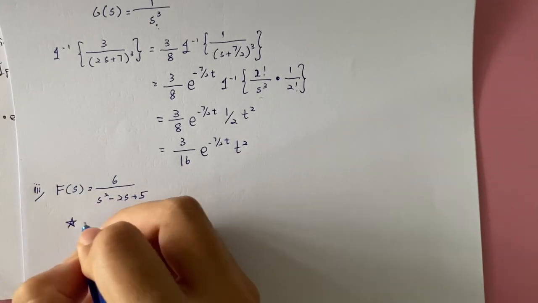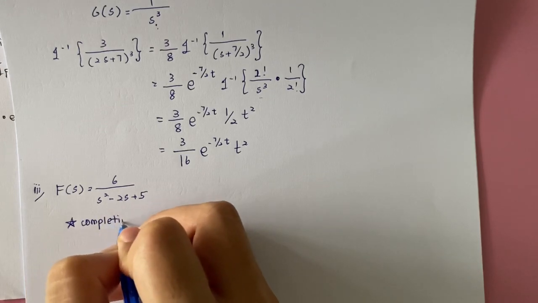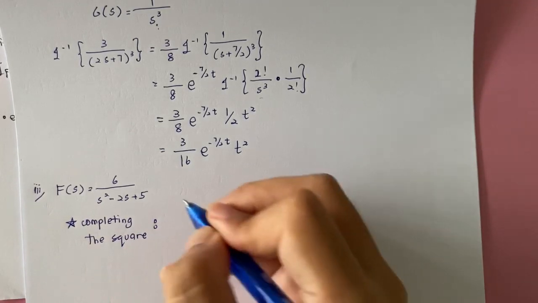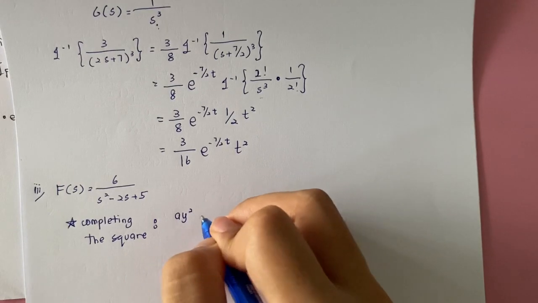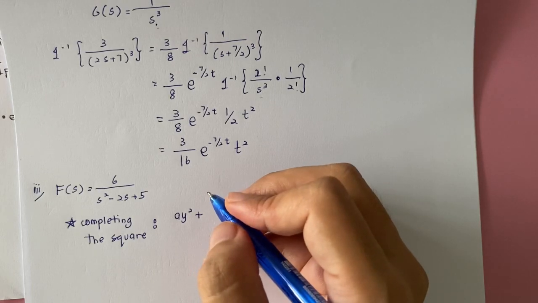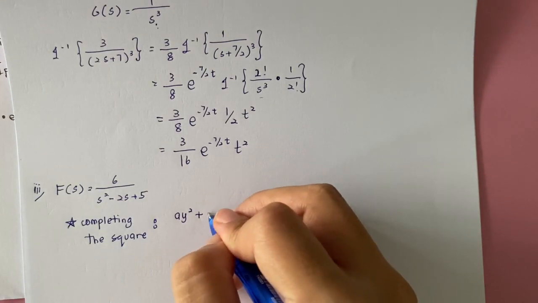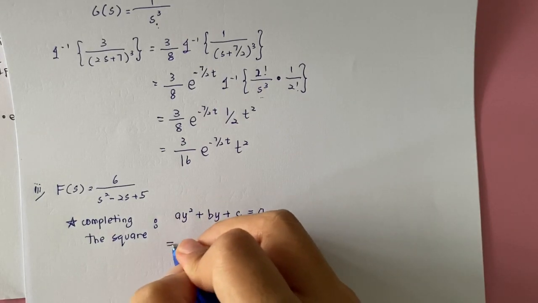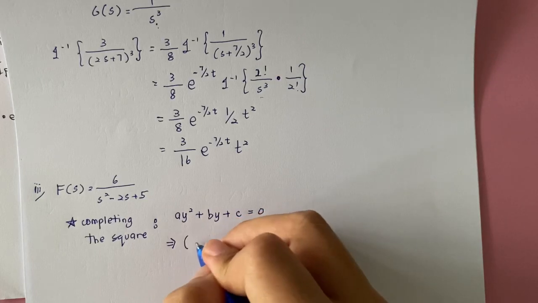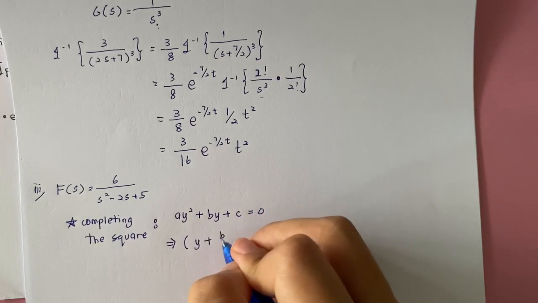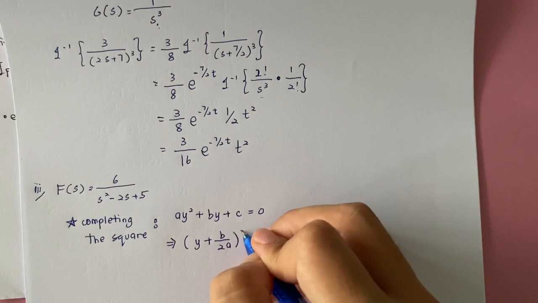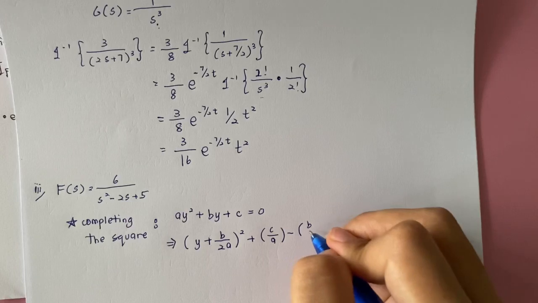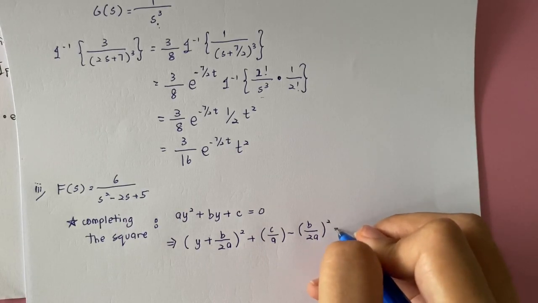So for completing the square, when you have a y square plus a quadratic equation, which is a y square plus by plus c equal to 0, to complete the square you have y plus b over 2a, square, plus c over a minus b over 2a square equal to 0.